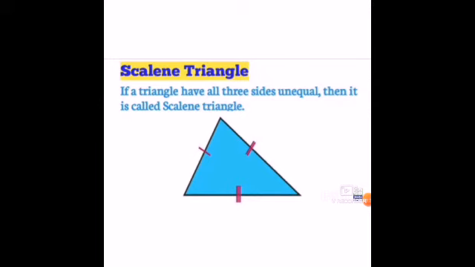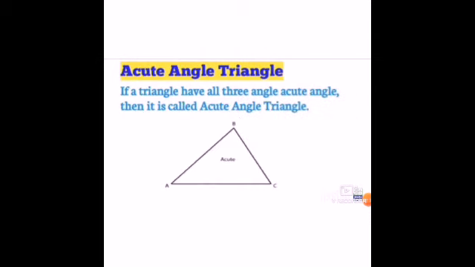Now, classification on the basis of the measure of their angles. First one is acute angle triangle. If a triangle has all 3 angles acute, then it is called an acute angle triangle.